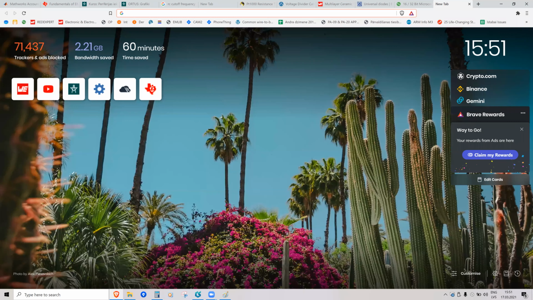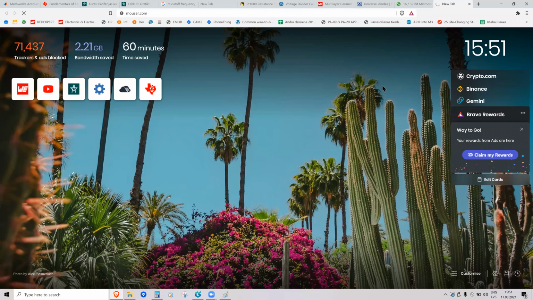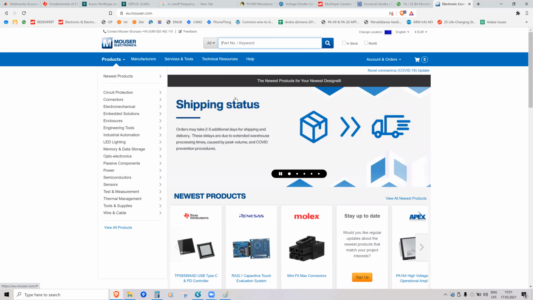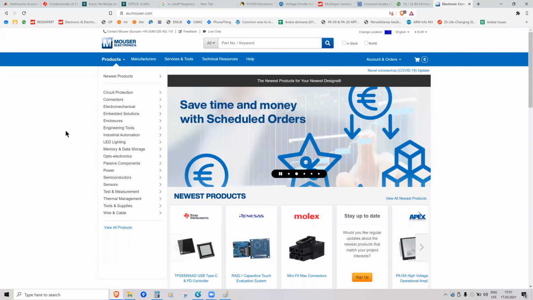Next place where you can buy components is Mauser.com. They are located in United States of America, but they also have a branch in Europe. So even though you're buying from America, they do all the paperwork and you receive the goodies at your doorstep.